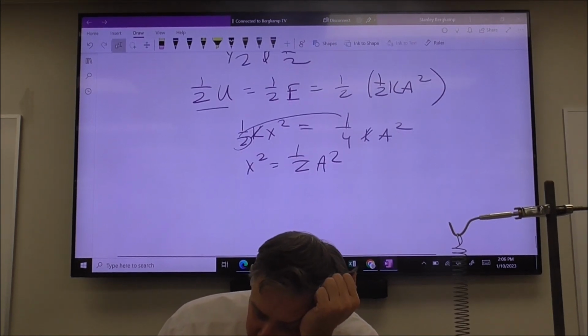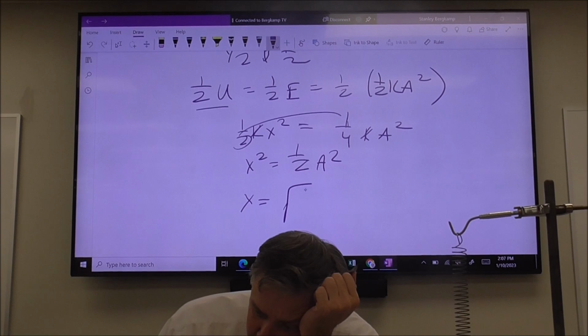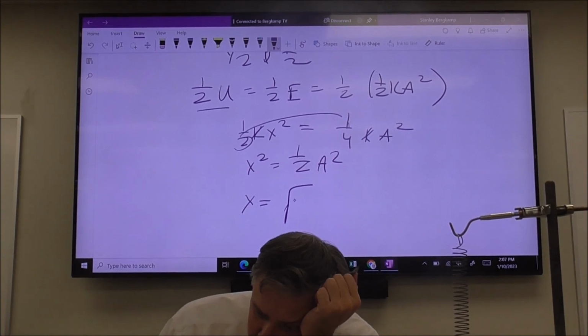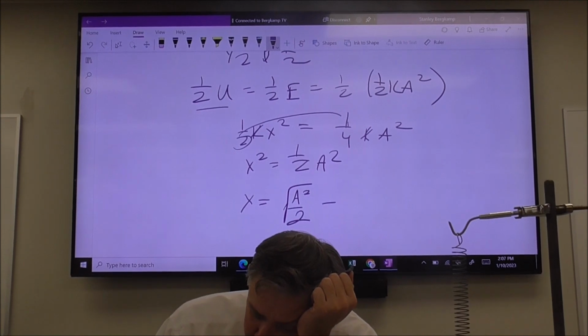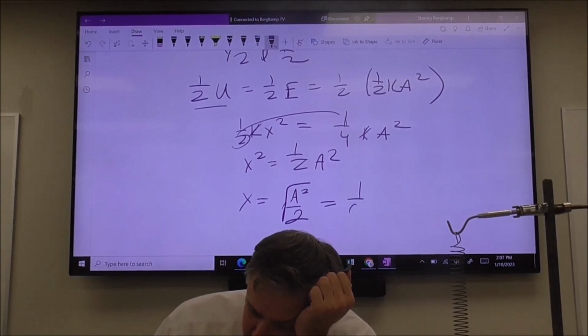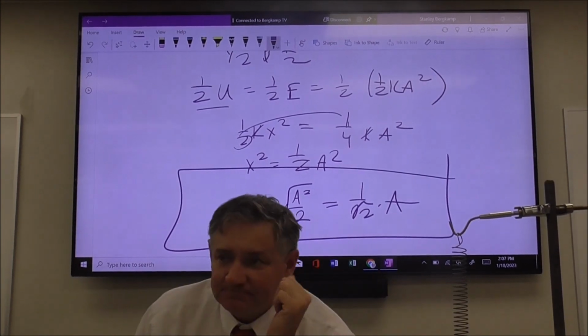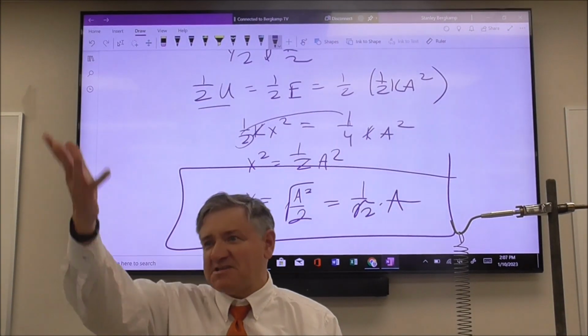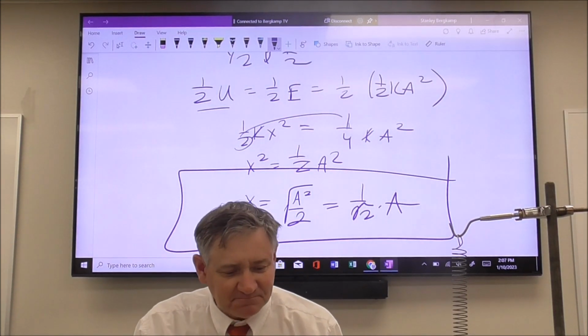So to get x by itself, I get 1 over the square root of 2 times a. So that's where that square root came from. Well done.